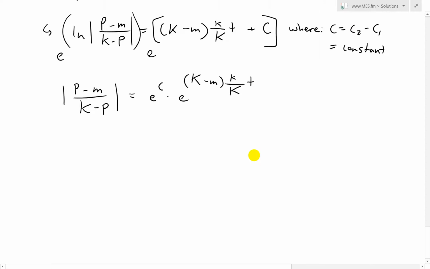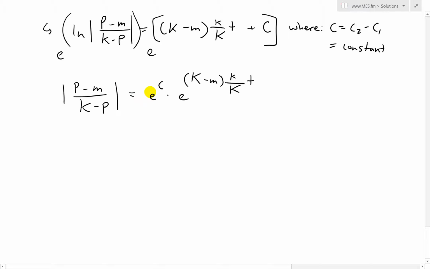Now we can simplify this further with this absolute value. It just means that the inside could be plus or minus. So in other words, p minus m over capital K minus p is equal to plus or minus e to the c, times e to the power of k minus m, little k over capital K t.